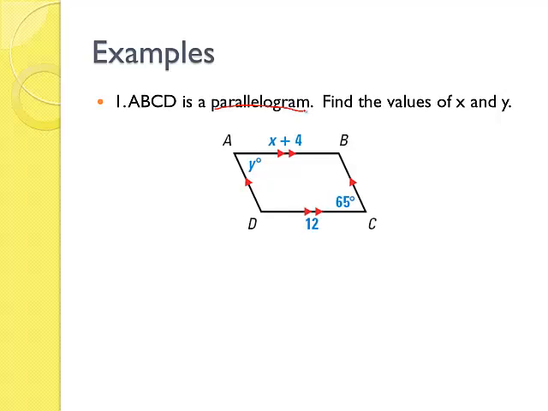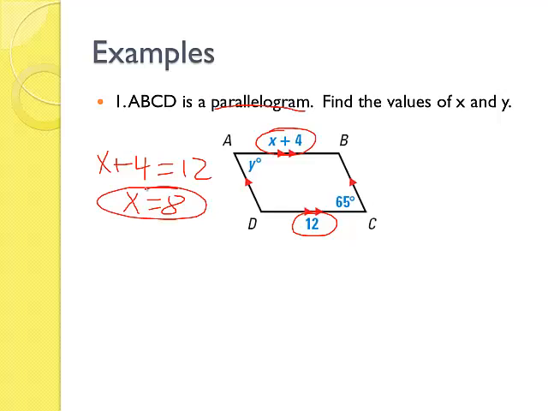Here we're finding the value of x and y. Let's find x first. Since this is a parallelogram, x plus 4 has to equal 12, because opposite sides are congruent. So x plus 4 equals 12, and you solve and get x equal to 8.